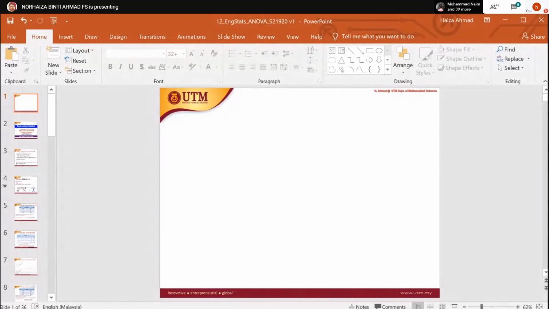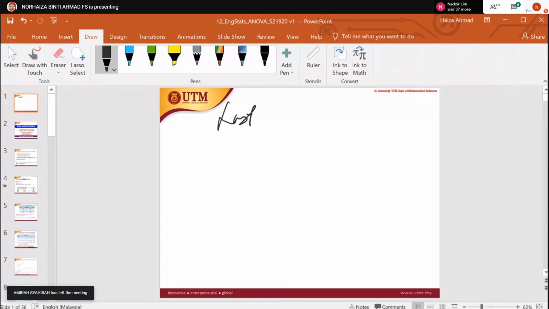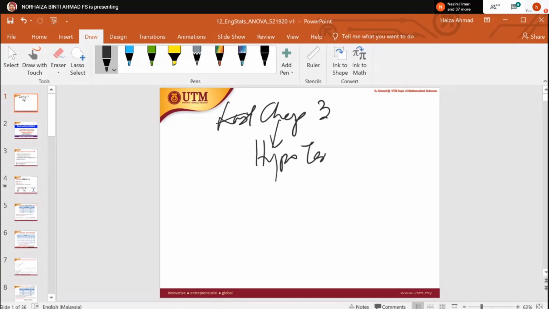So in the previous chapter, chapter 2, you looked at hypothesis testing. In the last chapter, chapter 3, we were discussing hypothesis testing for several parameters.